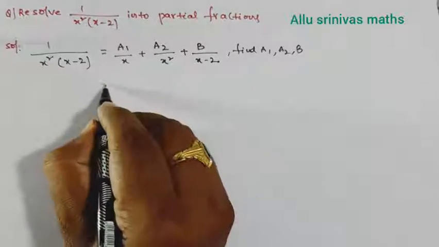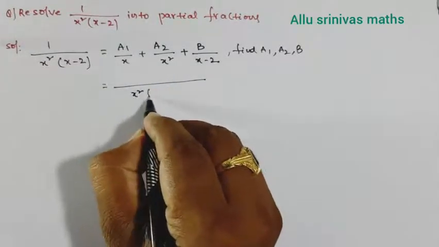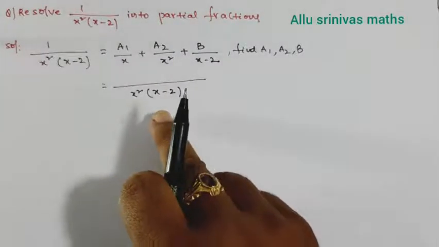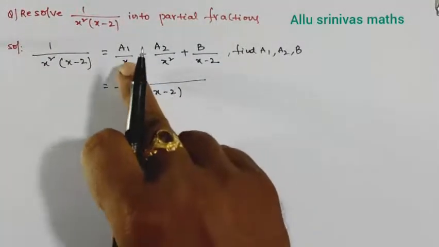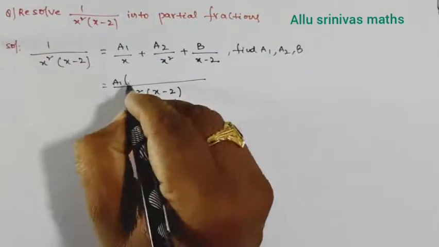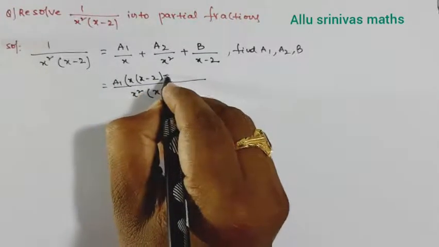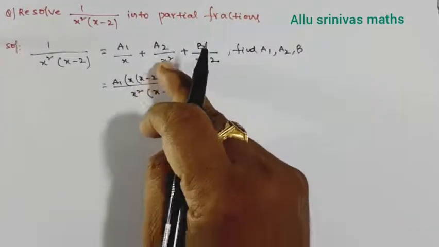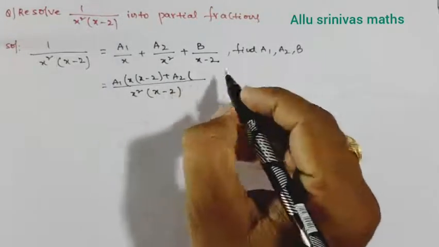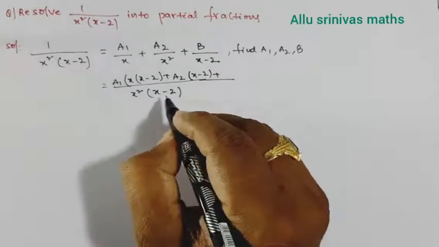So we take the LCM of the three fractions. The LCM is x square into x minus 2. If this is divided by x, we get a1 times x into x minus 2, and x square cancels, and a2 times x minus 2, plus x minus 2 cancels.